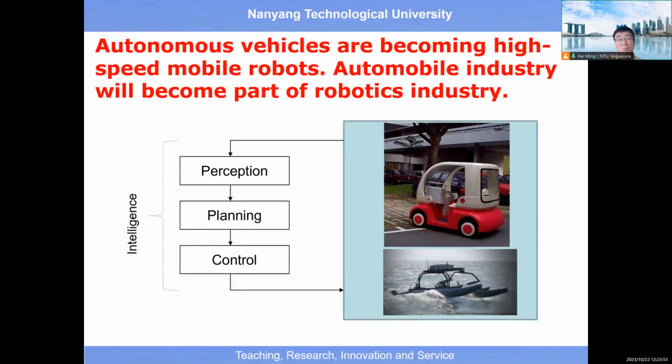So it means robotics is extremely important, right? Robotics will drive the development of vehicles to a higher level of intelligence. And to a certain extent, we can say that today's vehicle could be considered a high-speed mobile robot. So we can consider a vehicle as a part of a robot, or a mobile robot. Then the automobile industry in future will become part of the robotics industry, all right?